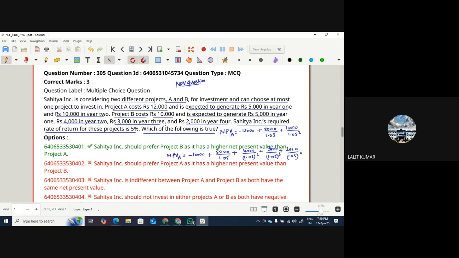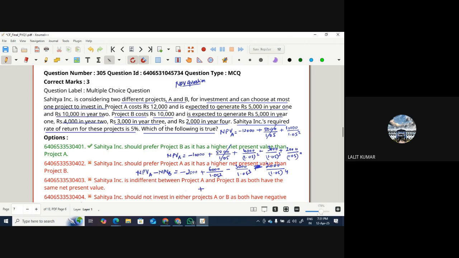Now what you can do is just straight away do NPV A minus NPV B. So this term will cancel out: minus 12,000 plus 10,000 is minus 2,000, and 10,000 minus 4,000 gives 6,000 divided by 1.05 squared, minus 3,000 over 1.05 cubed, minus 2,000 over 1.05 to the fourth. So find this value.